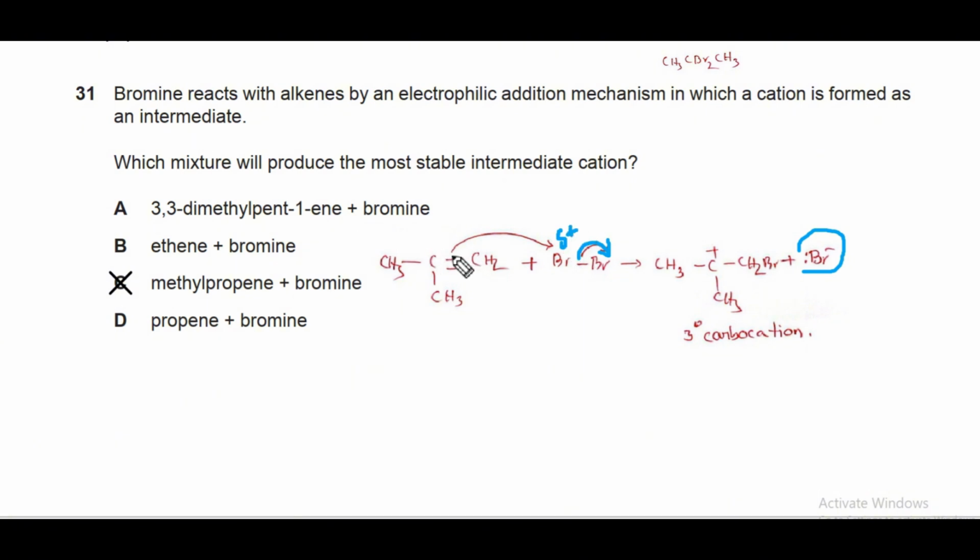So this double bond gives electrons to the positive bromine, and this bromine is added to this carbon, and the middle carbon will be positive. So this positive carbon is attached to 3 alkyl groups, methyl groups. So this is a tertiary or 3 degree carbocation, which is the most stable.